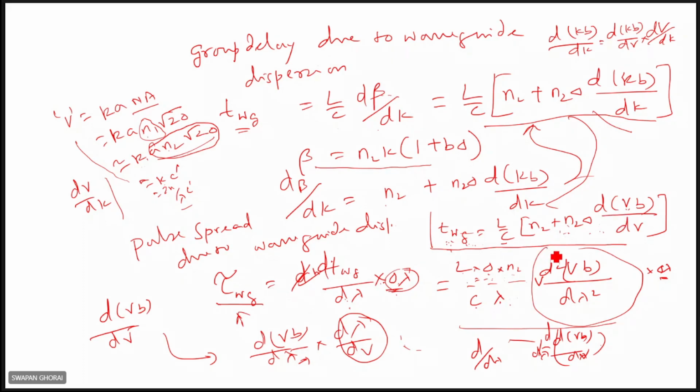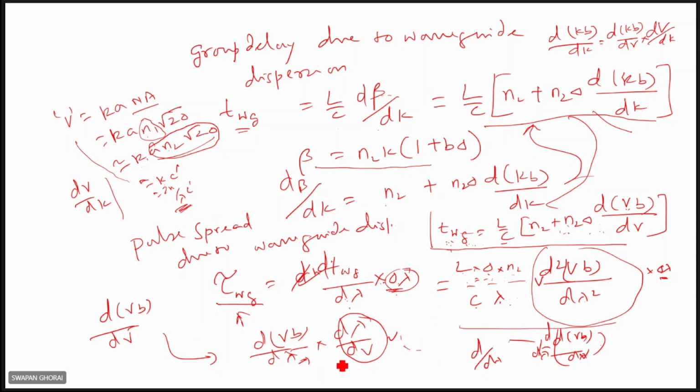With respect to lambda, so d2V by d lambda 2 will be, no. First, this one will be with respect to lambda, so dV by d lambda by dV. In this way, you can write it. So d lambda by dV, you can calculate from these relations, right? Something like this.